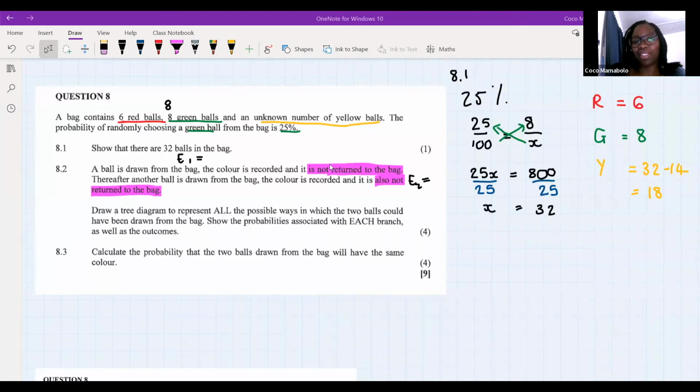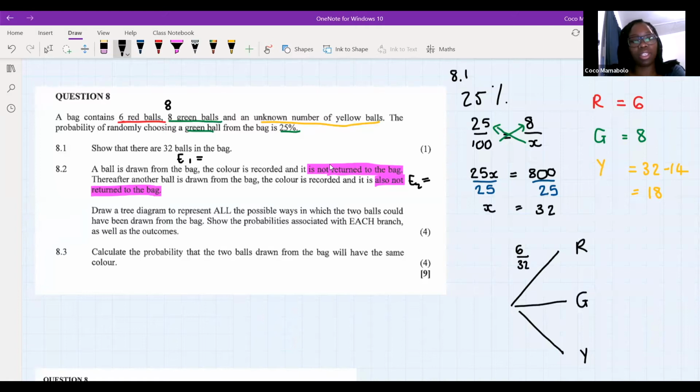Okay, so we're going to have 3 events. We're either going to have a red ball that's drawn or a green one or a yellow one. So I'm just going to write here R, G, and Y. And we know that if we draw a red ball, the probability would be 6/32.